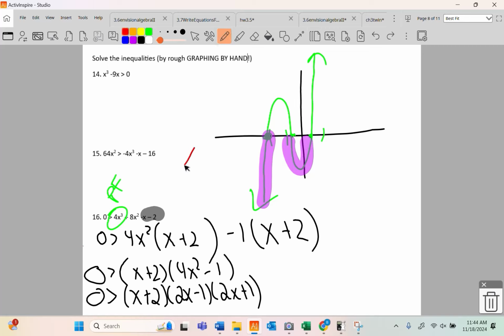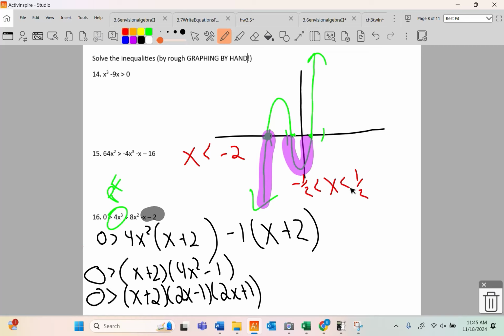What is x's relationship to -2 on this graph? Less than, because left is what? Less. Left is less. Here, the x value is stuck between -1/2 and +1/2. And what's always the symbol in a situation like that? It's less than. Always.